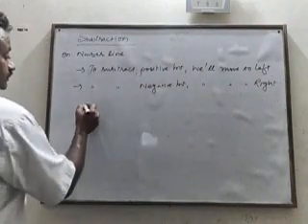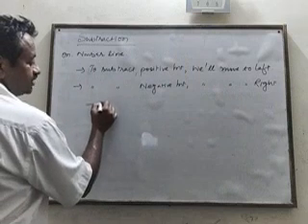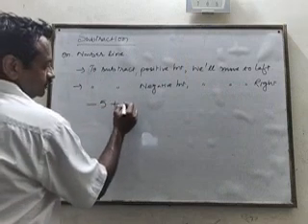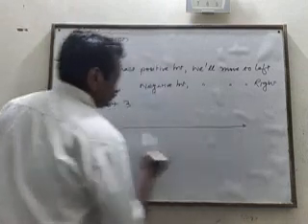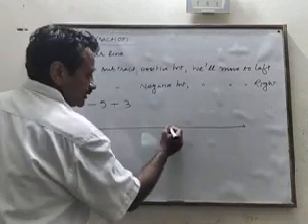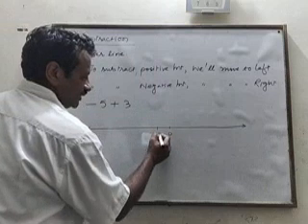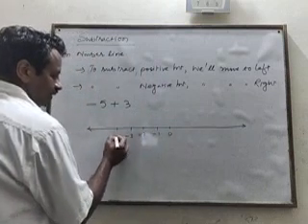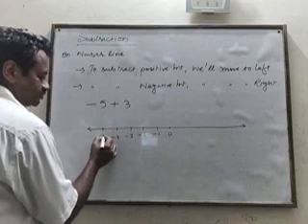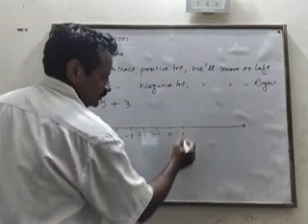For example, minus 5 plus 3. So on the number line, here it is 0, minus 1, minus 2, minus 3, minus 4, minus 5, 1.